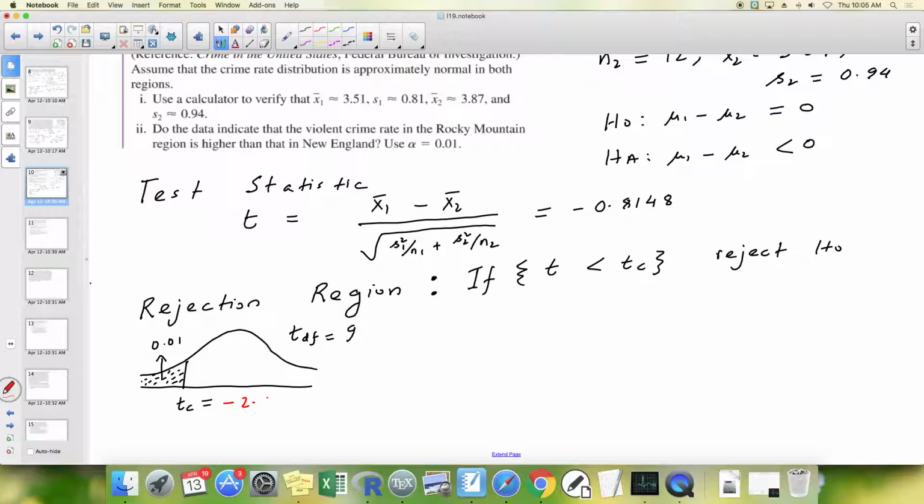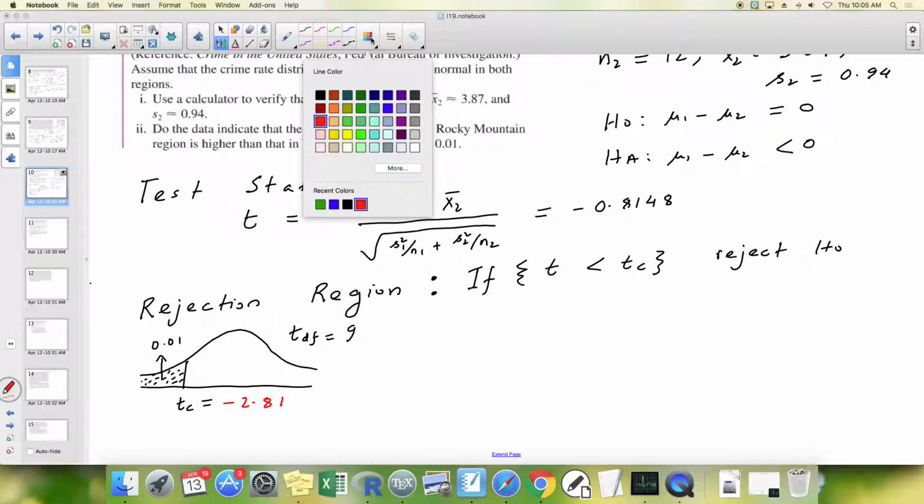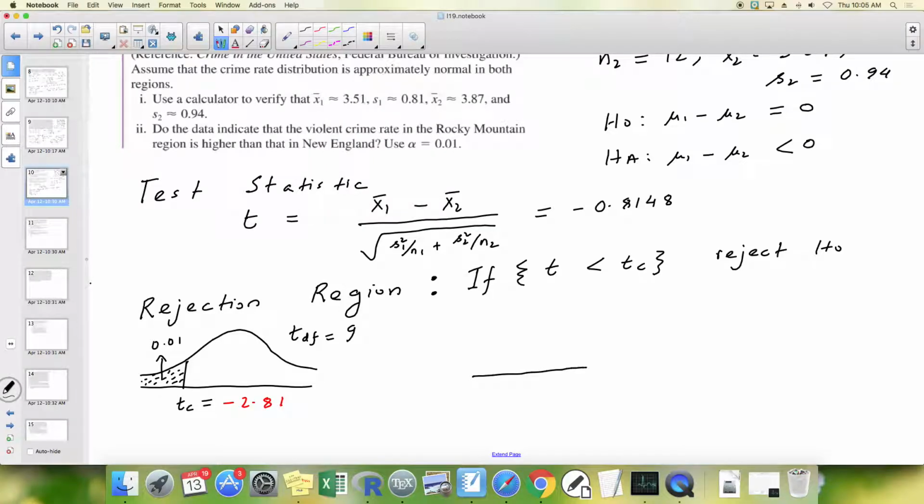Negative 2.81. Why negative? You know the reason why. I mean, suppose I was looking for the exact same thing, so T with degrees of freedom equals 9, and the right tail is how much fat? 0.01 fat.